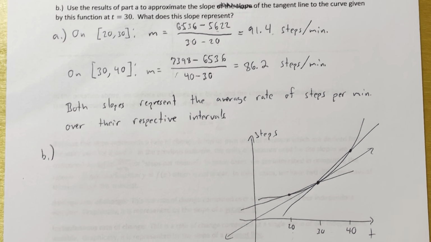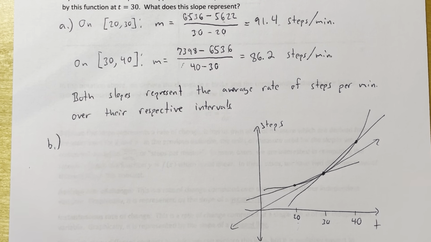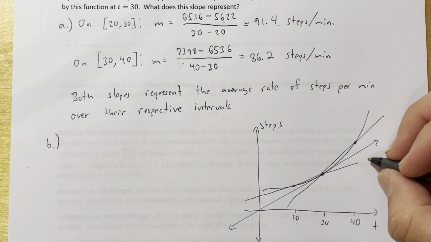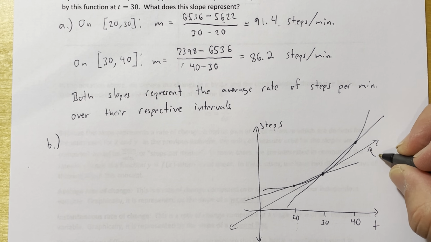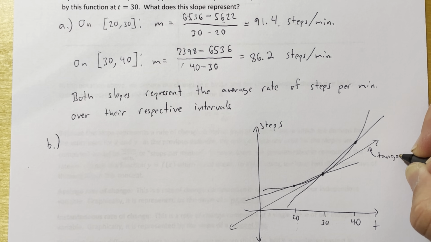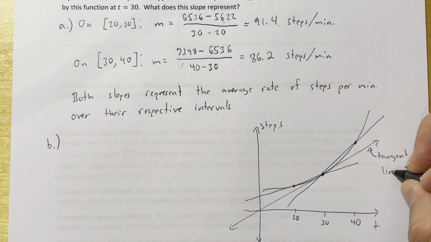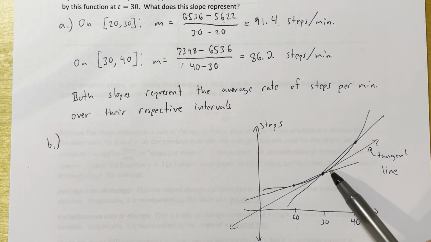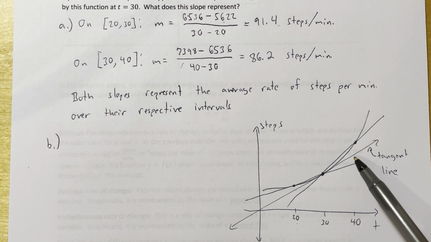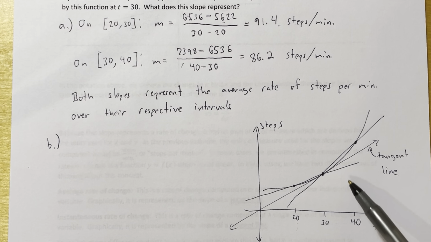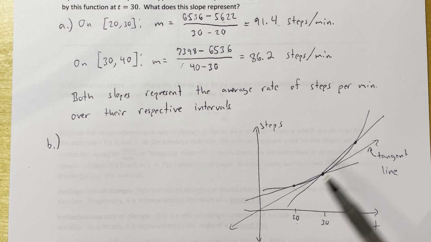And you notice the way that I drew this graph, which is not correct, but it conveys the right idea, is that my tangent line right here kind of looks like its steepness is in between my two secant lines. I have one secant line that has a greater slope, one secant line that has a shallower slope.